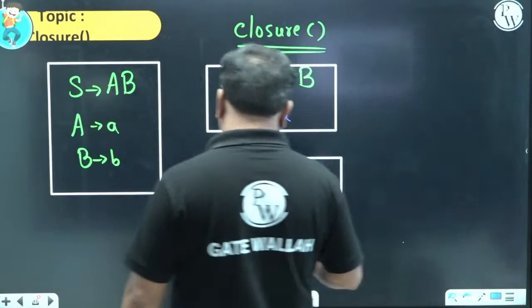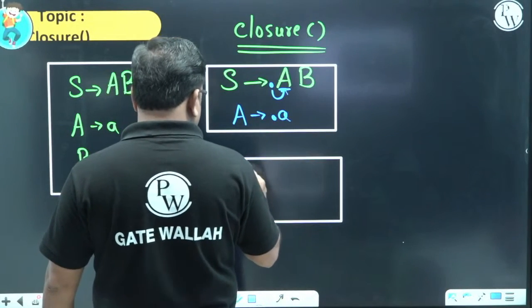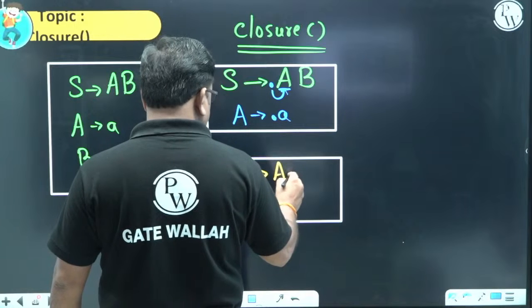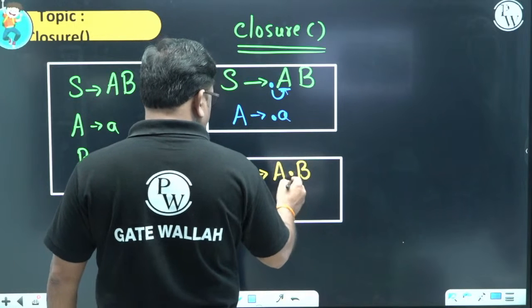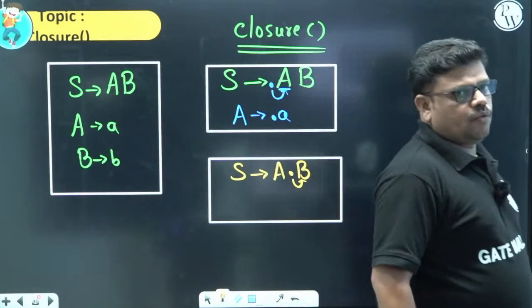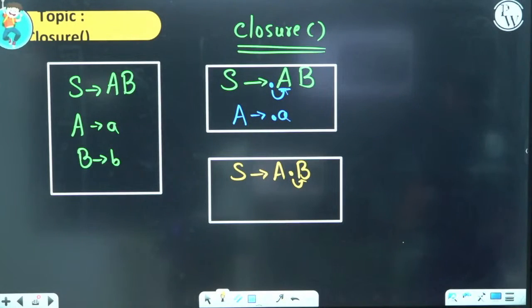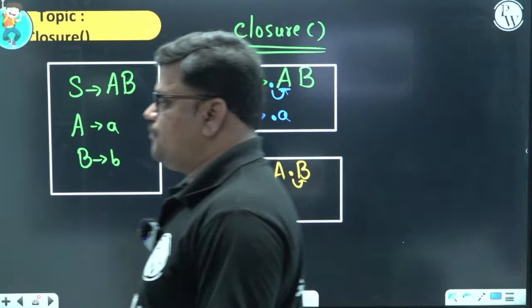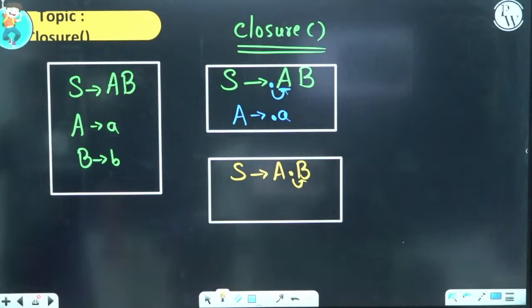Closure function is very important. So assume I have some LR0 item like this. After the dot, B is there. What will closure do? Tell me. Closure and goto are two functions, and they are each doing a particular task.